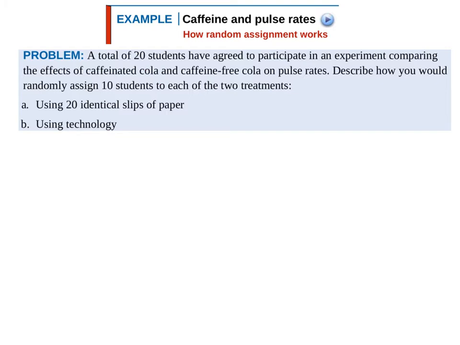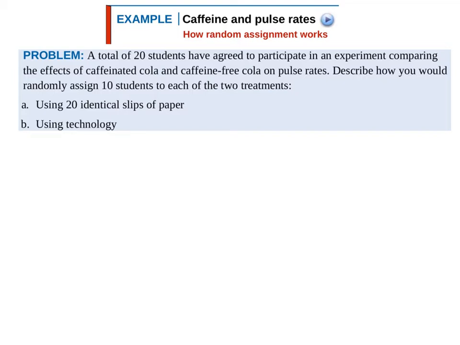So let's apply random assignment to caffeine and pulse rates. Let's say a total of 20 students have agreed to participate in an experiment comparing the effects of caffeinated cola and caffeine-free cola on pulse rates. Let's describe ways in which we would randomly assign 10 students to each of the two treatments, caffeine and caffeine-free.